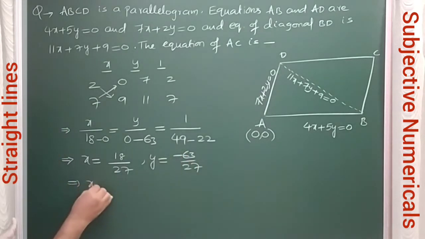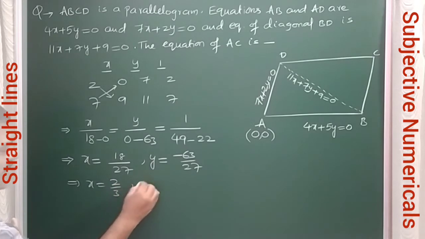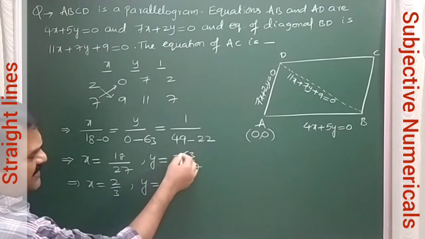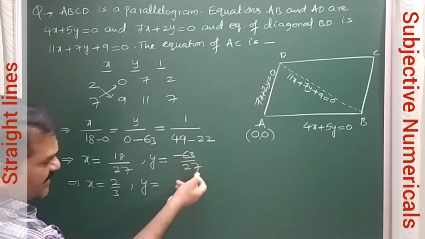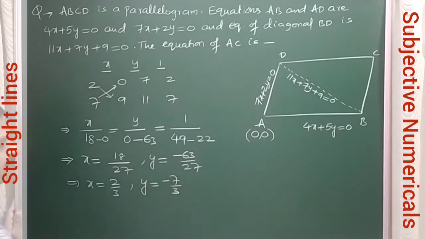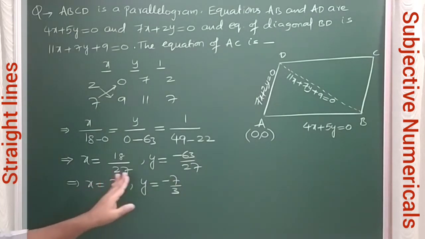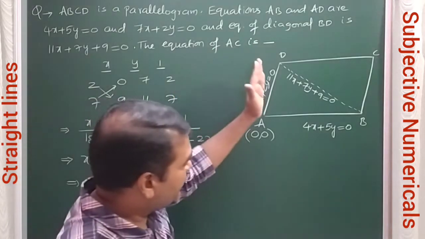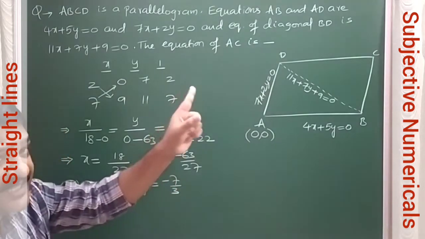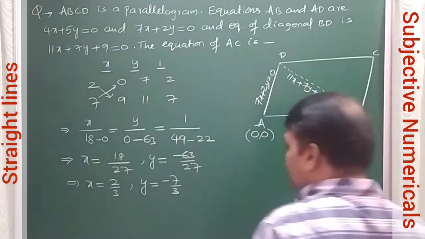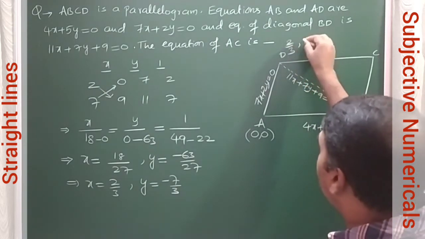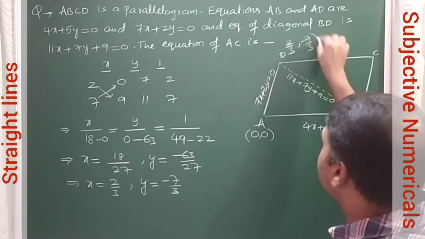So therefore we will get x as 2 by 3 and y as minus, so 27 is actually 9 sevens are and 9 threes are, so therefore minus 7 by 3. So this is the point of intersection of AD and BD. That means we got vertex D now. Vertex D is 2 by 3 comma minus 7 by 3.